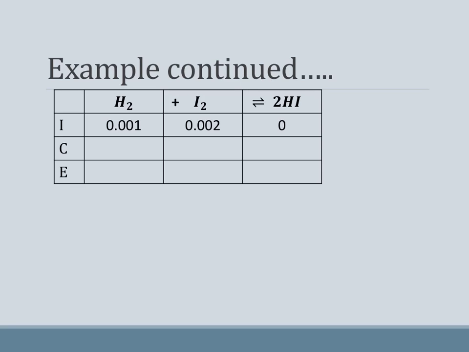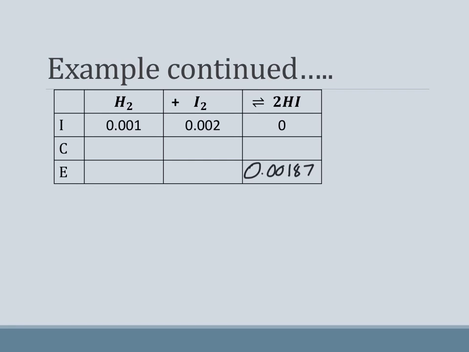And so what we're going to do is take the value that they gave us for the HI at equilibrium. And they told us that we have 0.00187 molar HI at equilibrium. We know that we are going to change from 0 to 0.00187 in the course of this reaction.